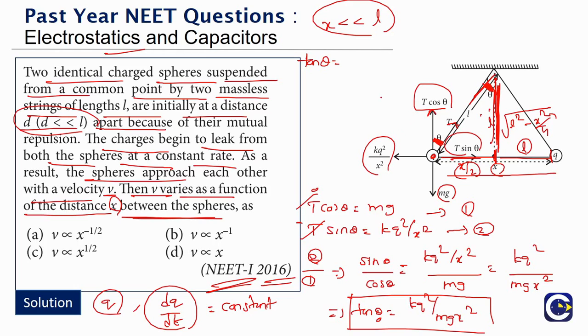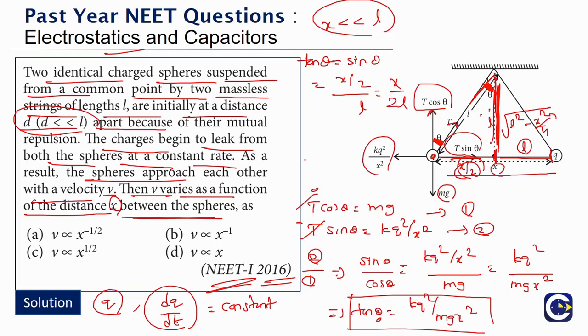Now this is why we say when theta is very small, tan theta will be approximately equal to sin theta. So look at this, what will be the sin theta value here? Opposite, which is x by 2 divided by hypotenuse, which is L. So when theta is very small, tan theta will be approximately equal to sin theta. So the tan theta value we can say is close to x by 2L.